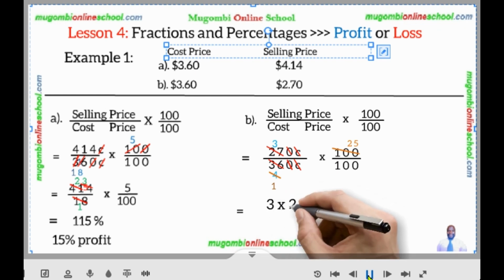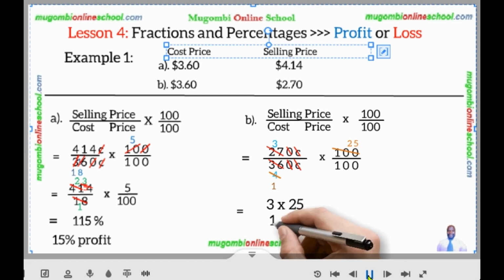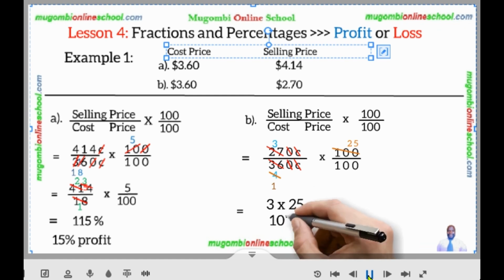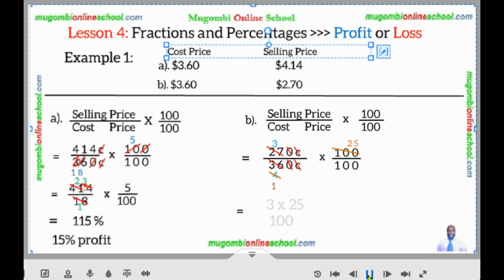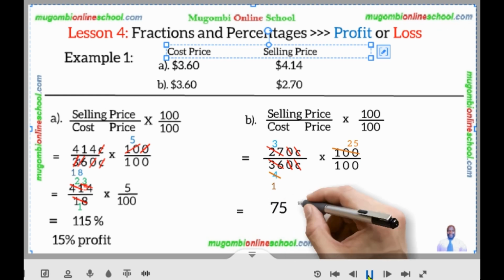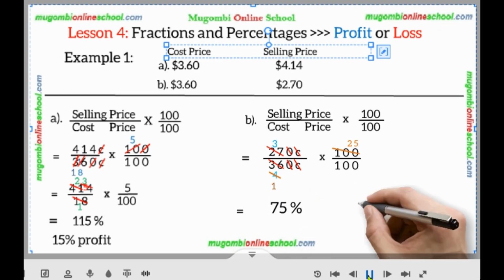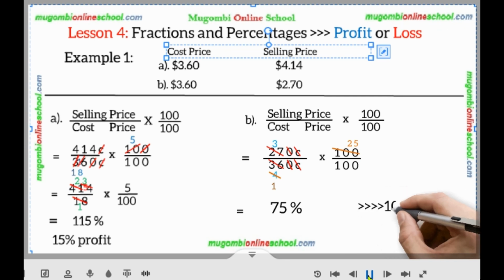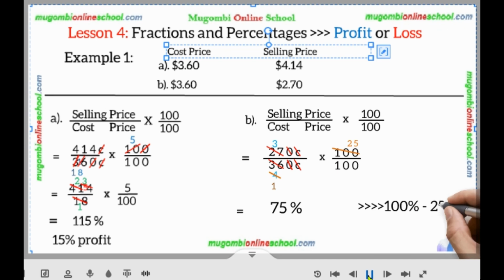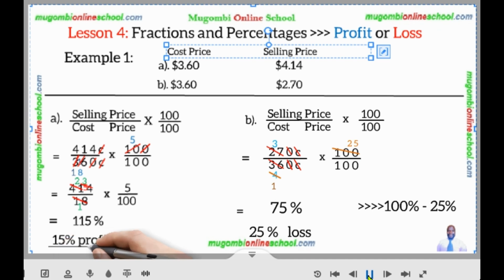Then multiplying the numerator as 3 by 25 all over 100, this is the same as saying 75 over 100. 75 over 100 is the same as 75%. For us to get 75%, we have said 100%, which is the original price, minus 25%. So this means that the person got a loss of 25%. So we have answered our questions.